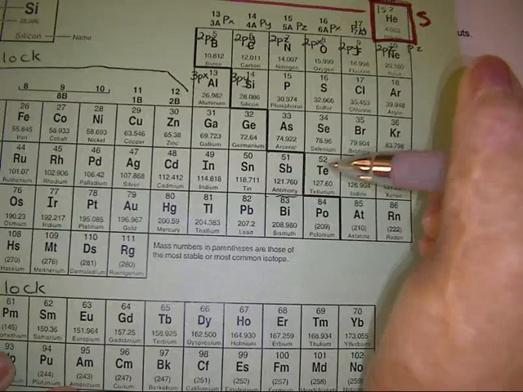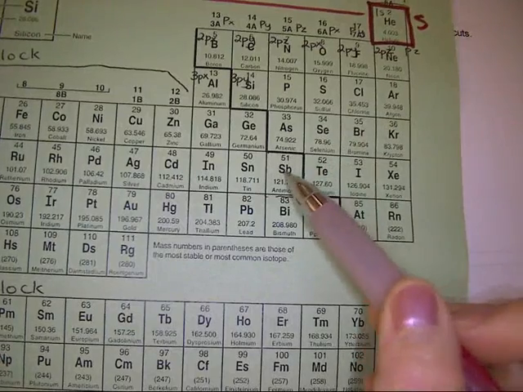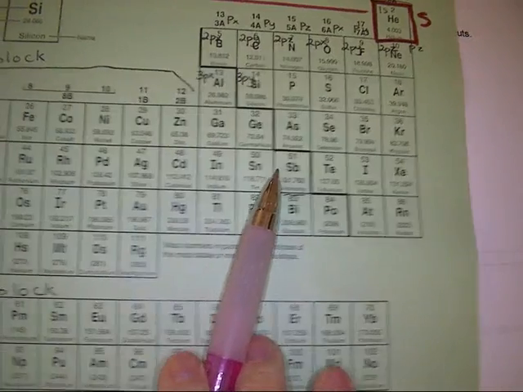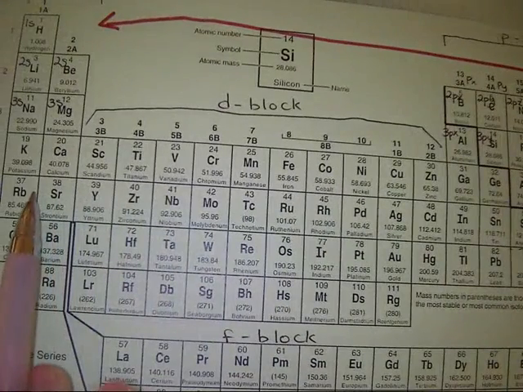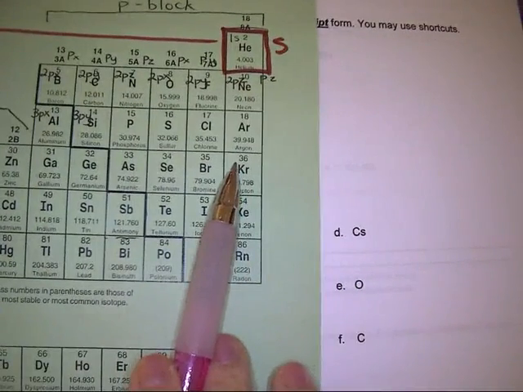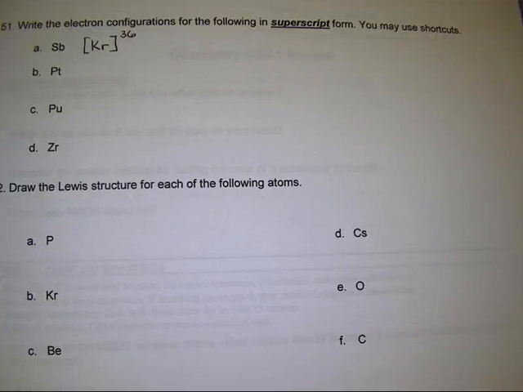You back up from number 51 to the noble gas before it. I go backwards and backwards and backwards. I get to atomic number 37 and go to the row before it, number 36. Number 36 is a noble gas, so I am going to write down Kr in a bracket, and I know that's number 36.